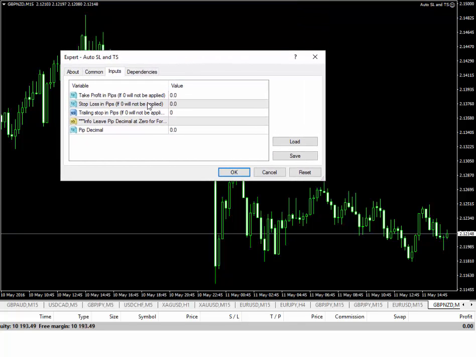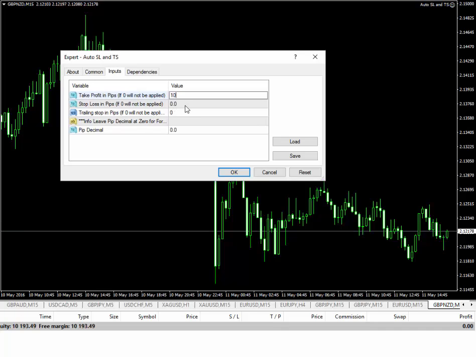Now here you can set your take profit to whatever level you want, but for the time being I would prefer you to have only 10 pips profit on each trade. Now the stop loss, if you don't put anything, there won't be any stop loss, and the EA will not place any stop loss.